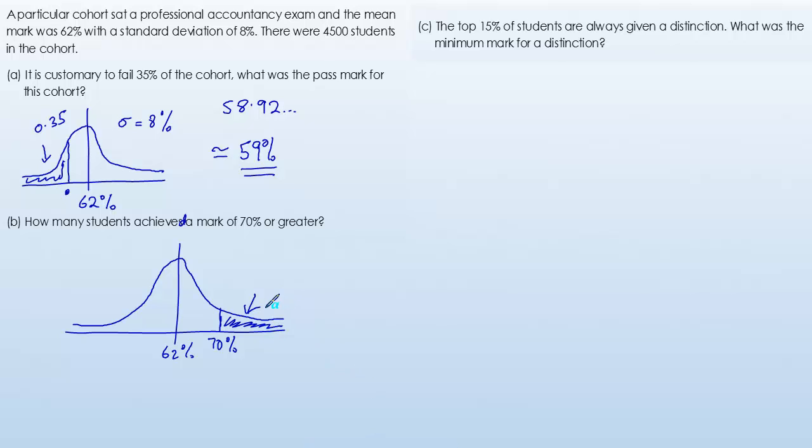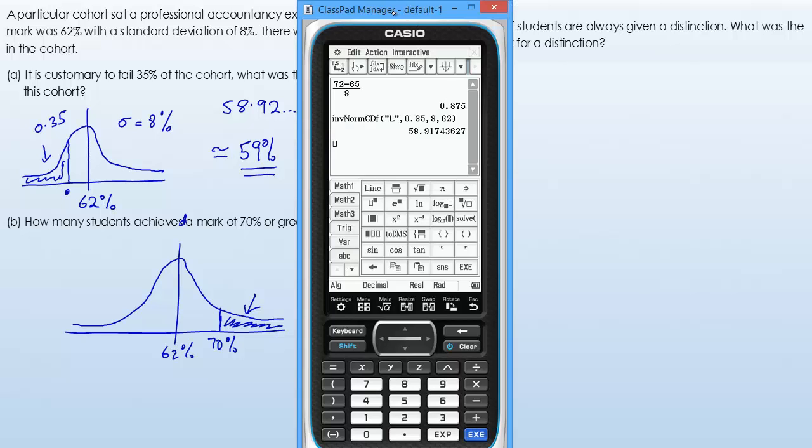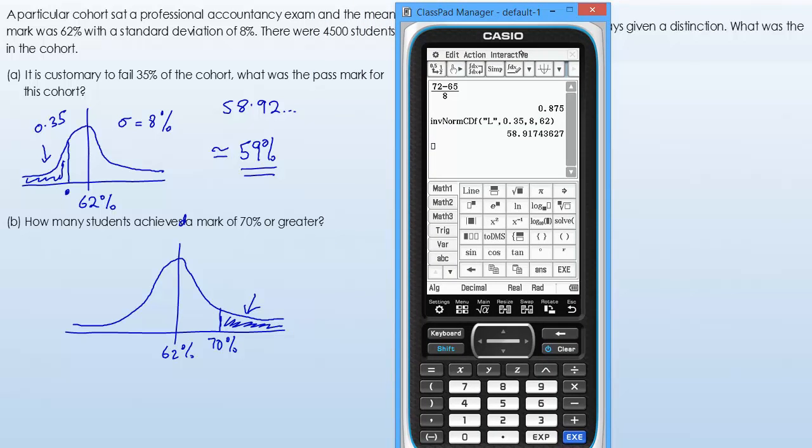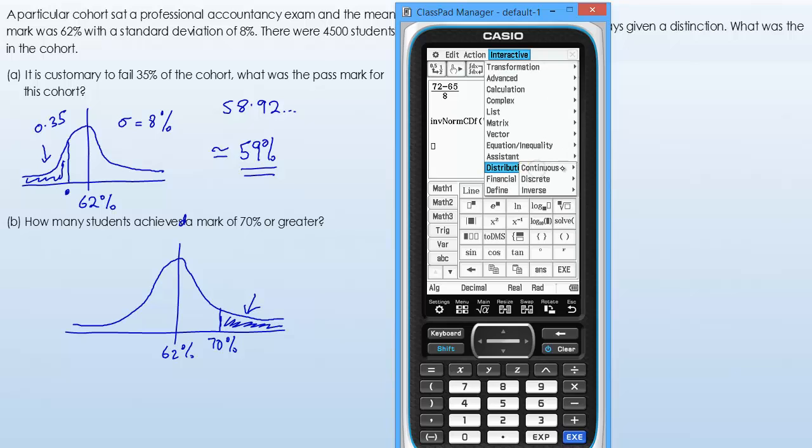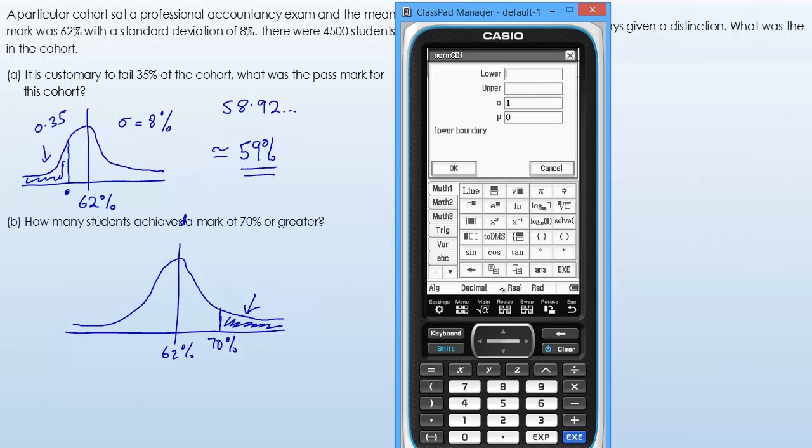So this isn't an InvNorm because we are actually trying to find a probability and we know the value on the axis. So in this case, this is the one where we go to continuous normal CDF. So the lower is 70 and the distribution effectively goes off to infinity.